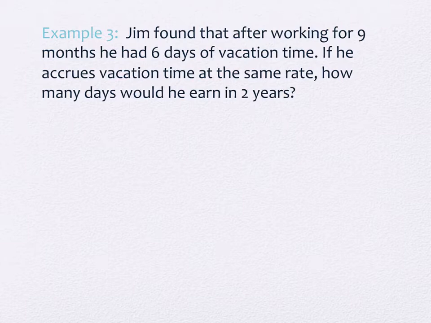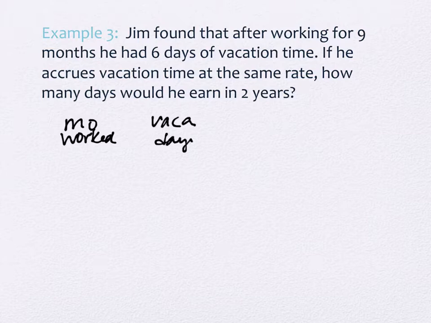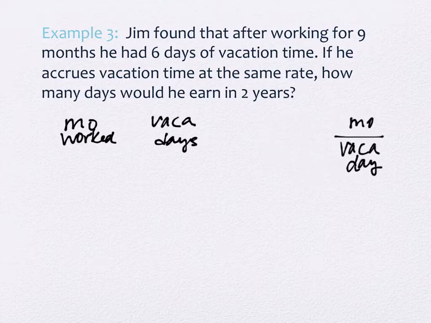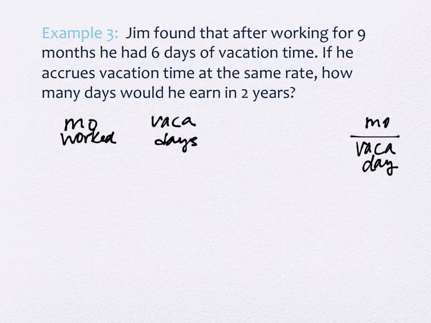Months worked to... Okay, so we can either set it up on either side of an equal sign like this. Months worked, and these are vacay days. Or you can set it up as months worked on top over the vacay days on bottom. Okay? So I'm going to pause on showing you a second option right now, but that's the original setup. I'm just going to do it from left to right.